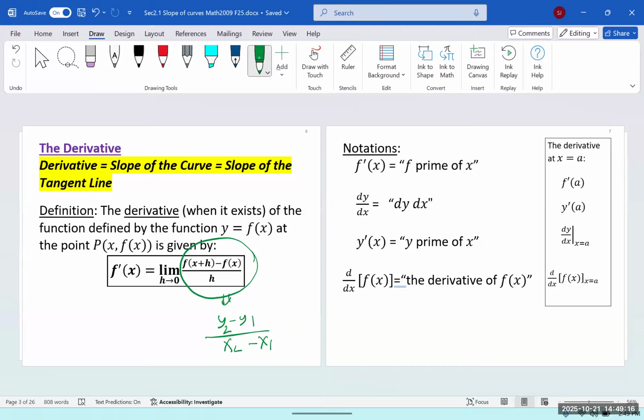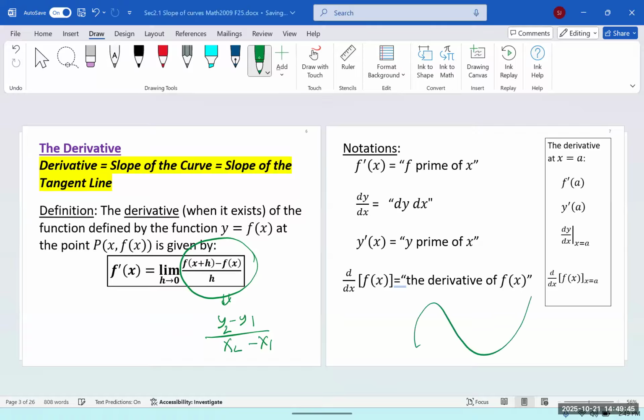For any number x, what's the slope? We find that slope as an equation, and then let's say you want to find the derivative at 0, we substitute x with 0. If you want to find the derivative at 5, you substitute x with 5. So we find one equation which we can use to find the derivative at any point on the curve.